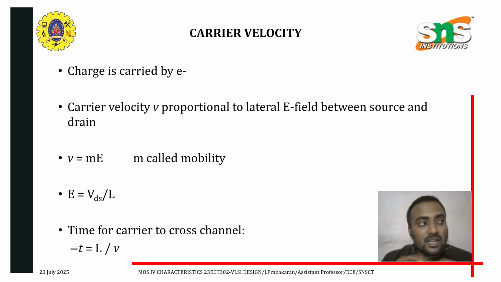The carrier velocity is equal to mobility into electric field E, and electric field is equal to VDS divided by L, which means drain source voltage divided by length of the channel, and time for carrier to cross channel, T, equal to length of the channel divided by velocity V.